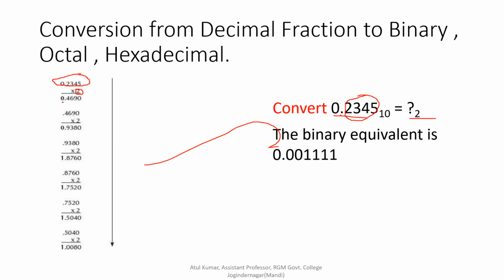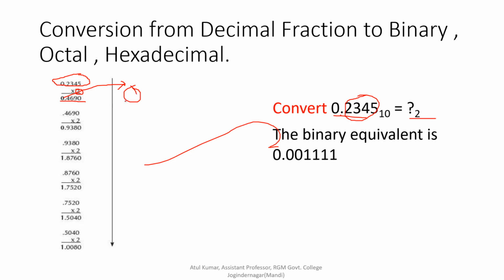After multiplication the number becomes 0.4690. Now before the decimal point, write 0 like this. Take this point and take this number before the decimal point.